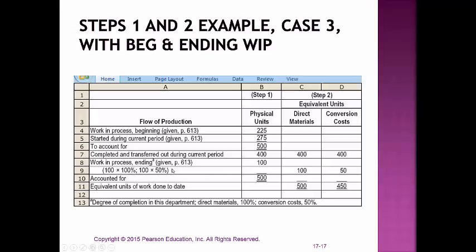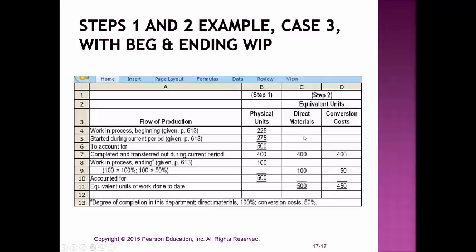However, our units are only 50% complete. In other words, they're halfway done. They're not ready to be finished goods or transferred onto another process. So 100 times 0.5 means equivalent units as to conversion cost of only 50.